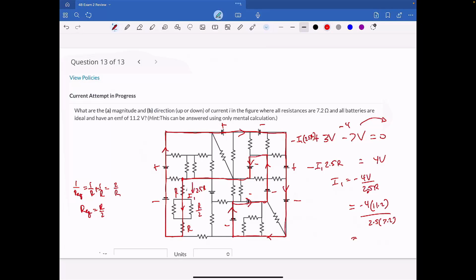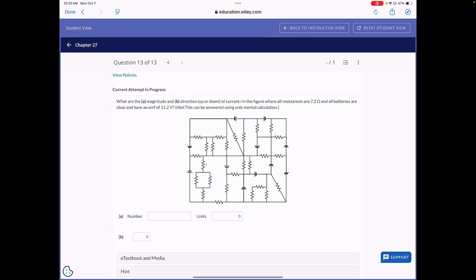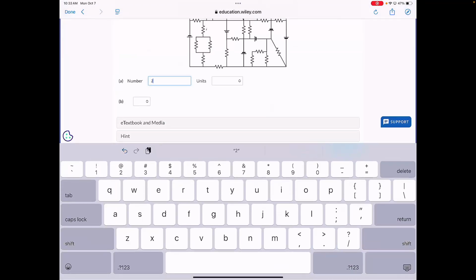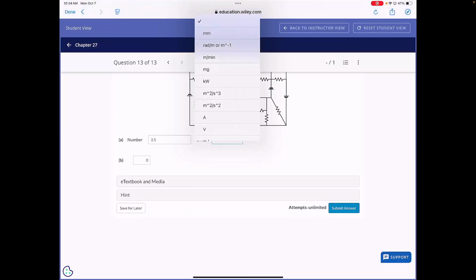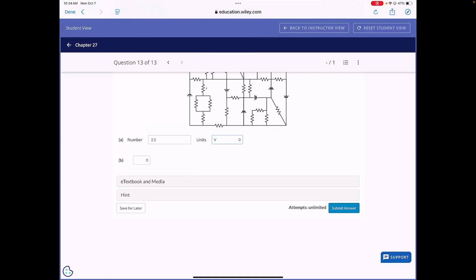Multiplied by, I got 2.5. Nope. Amps. Amps is what I pushed.